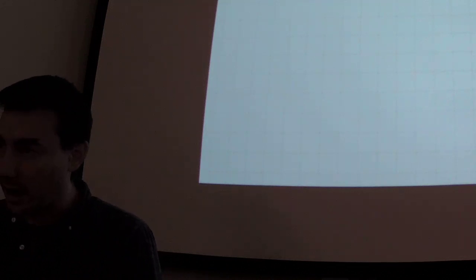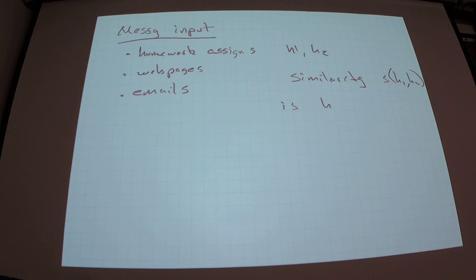So the problem is, I want to take, let's say, two of these homework assignments, H1 and H2, and determine whether they are similar. I want to find a similarity function between H1 and H2 and ask, is the similarity of H1 and H2 large?